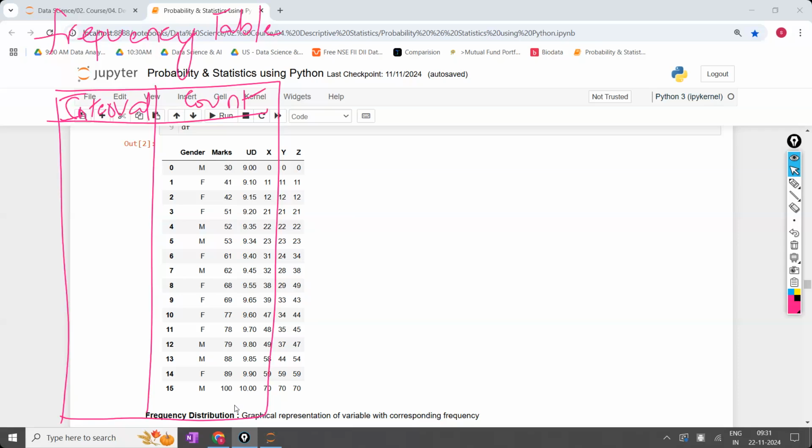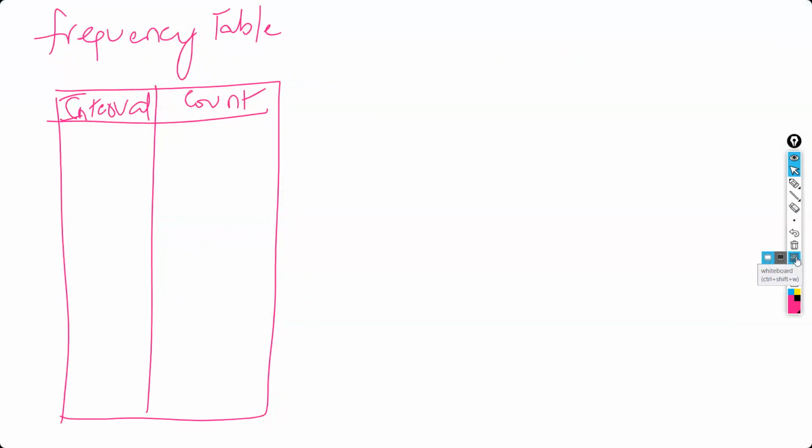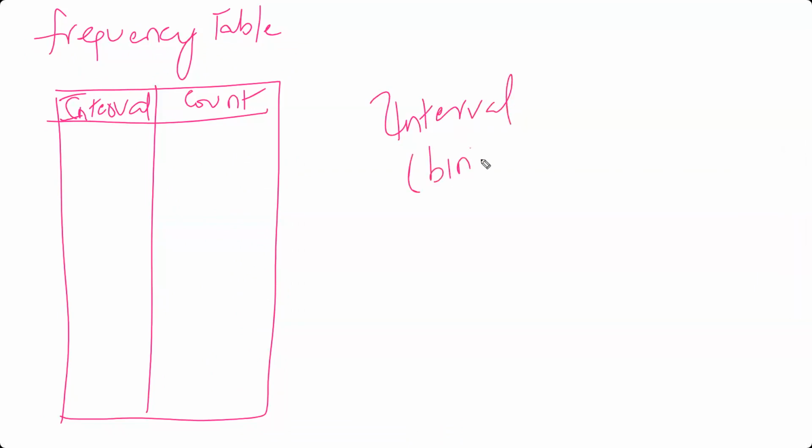Now, sir, how are you going to select the interval? Interval size. The interval size is also called bins in the continuous variable. Bin size. How to calculate this bin size?